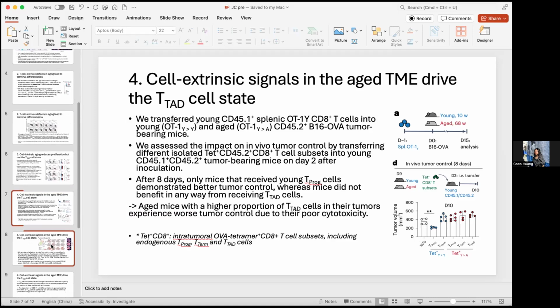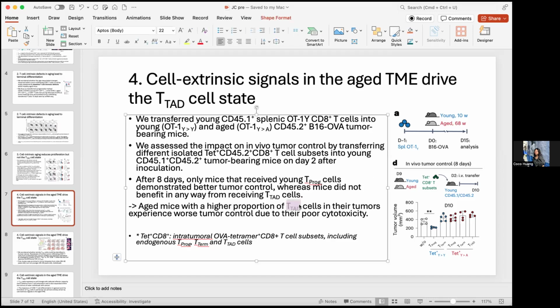I have a quick question. Yes. For this slide, you said T-TAT cells in their tumors experience worse tumor control due to their poor cytotoxicity. So are these T cells supposed to have cytotoxicity? How does cytotoxicity play a role in this?